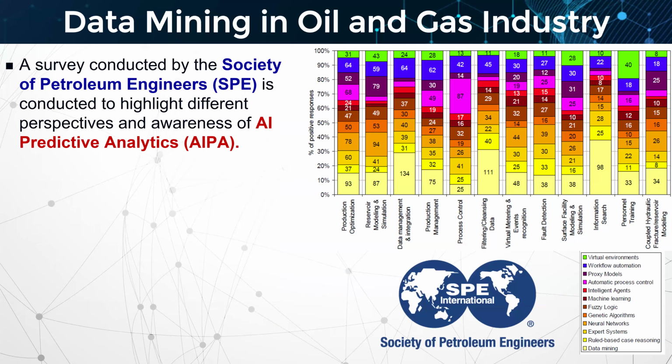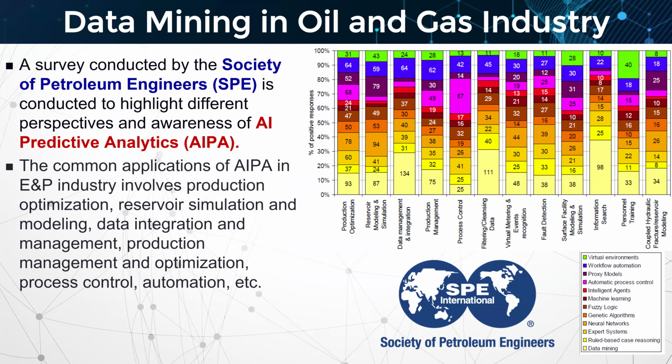Also, as per SPE, the AI predictive analytics. These are the common E&P applications for data mining in the oil and gas industry: production optimization, reservoir simulation, and system prediction and automation.